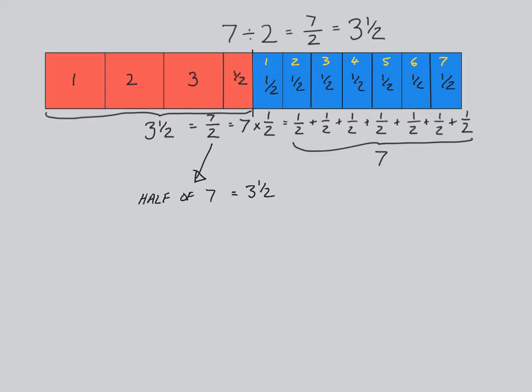It also tells us that it has 7 lots of a half, which is also 3.5. And so we have these 3 patterns. We have 7 over 2, we have 7 times a half, and we have 3.5.